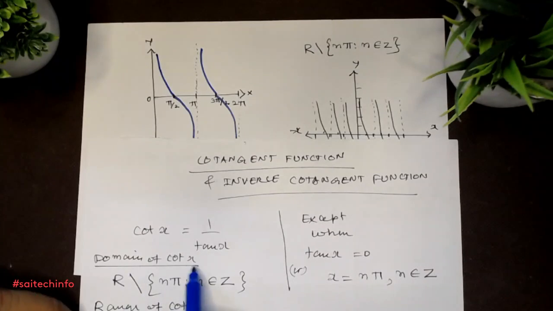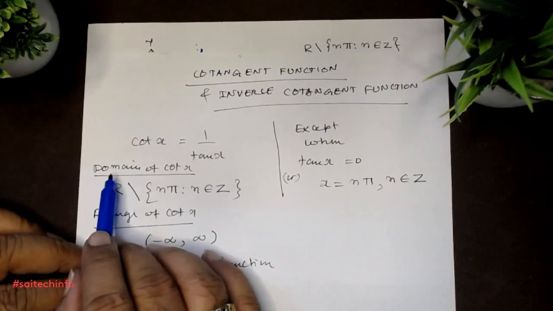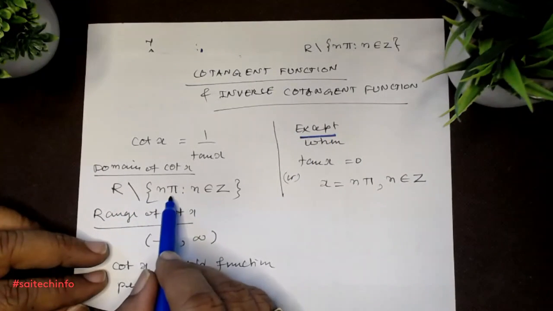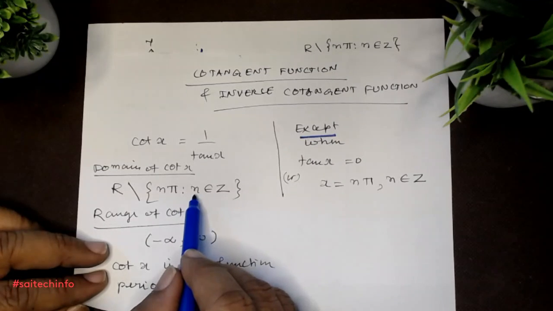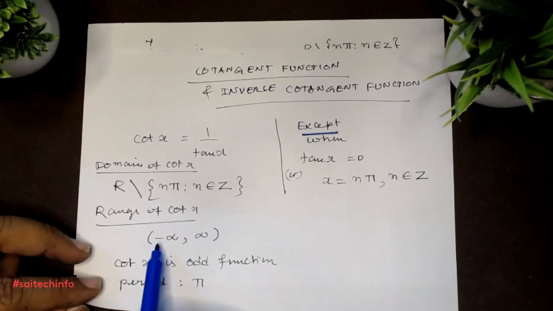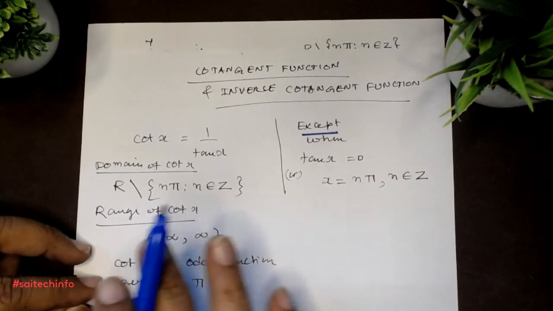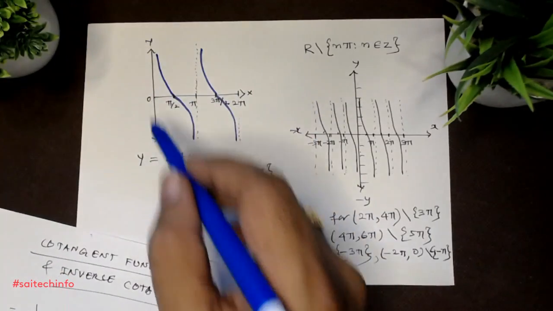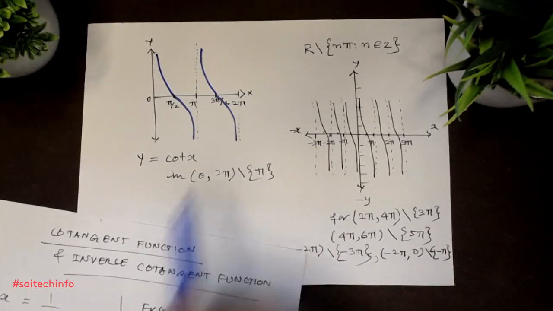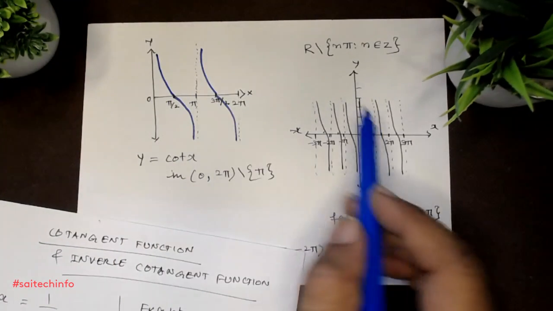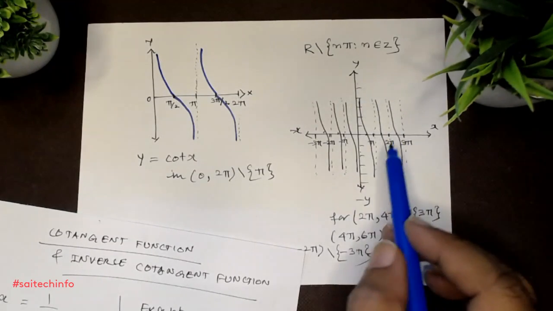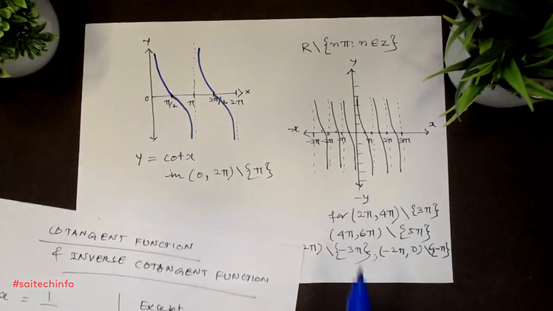This can be represented in set builder form: the domain is all real numbers except n pi, where n belongs to the integers. The range is from minus infinity to plus infinity. Now the period is pi. Okay, the period is pi, 2 pi, 3 pi means pi.